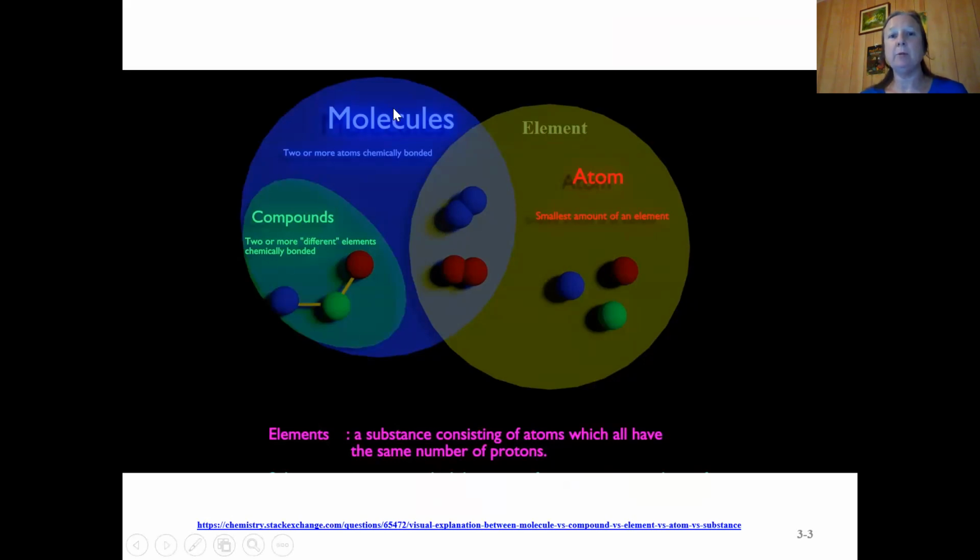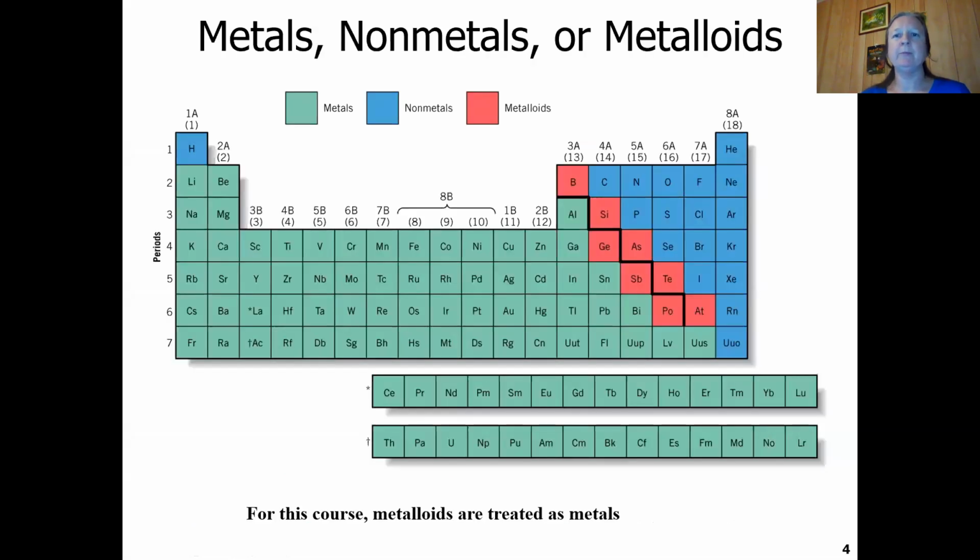A molecule is two or more atoms chemically bonded. It can also be called an element, so you have the overlap here. And within there we get the subset called compounds, which is two or more different elements chemically bonded. So these are both molecules. This is not a compound because they're the same. This is a compound. This is just a good visual for separating out those definitions.